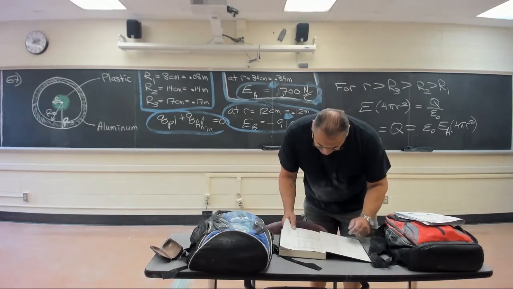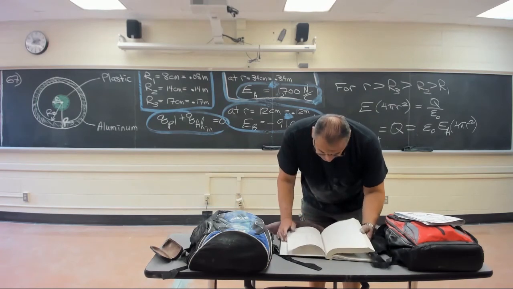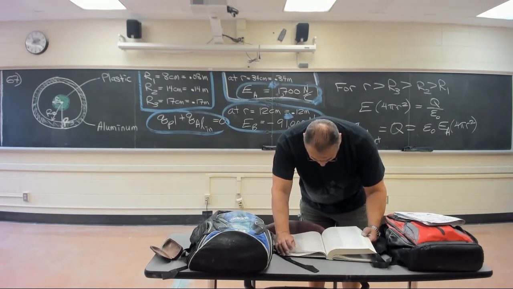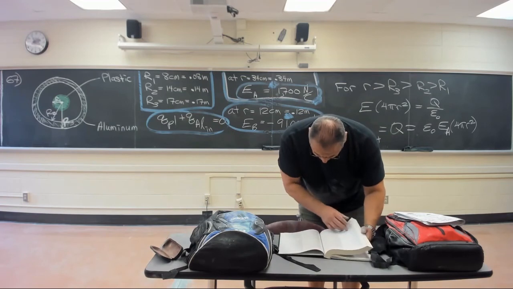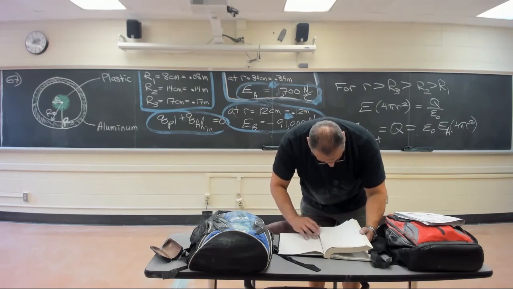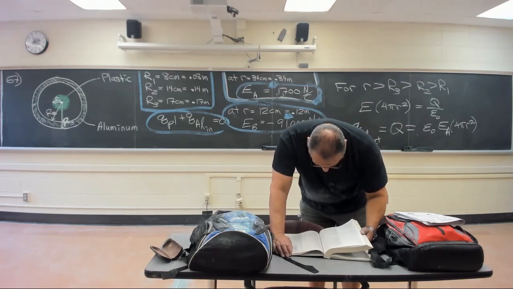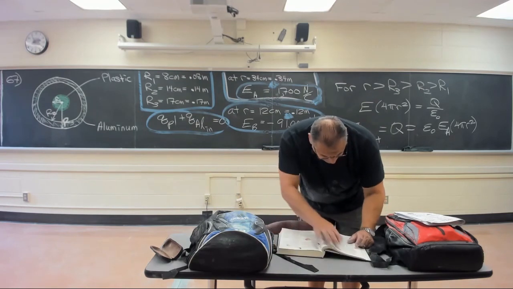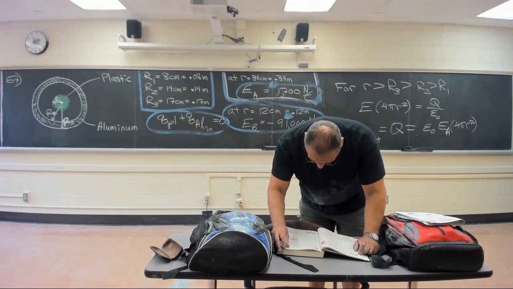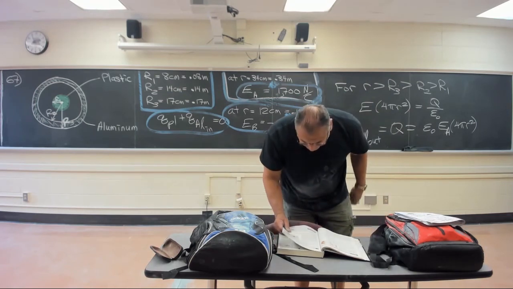Make sure we're all in agreement here. Again, that can change depending upon circumstances, but at least the epsilon sub naught is 8.85 times 10 to the negative 12.